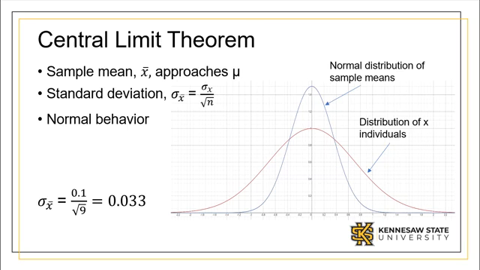As you can see from the visual, the resulting normal distribution will be skinnier and have a smaller dispersion. This makes sense, since each sample mean contains 9 individual data points. 9 times more data implies a higher confidence and therefore a lower standard deviation.